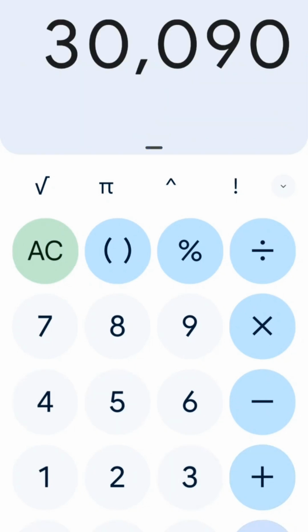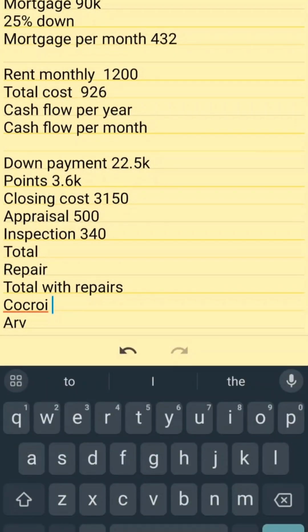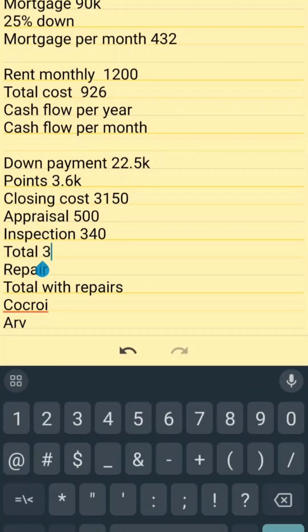So in order to close on this property, it would cost us $30,090.